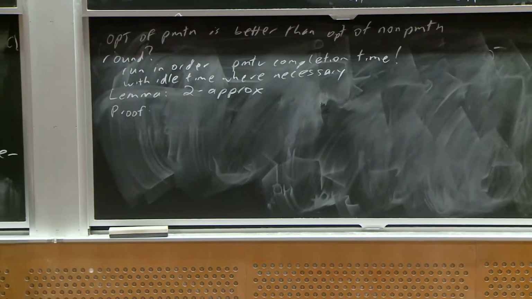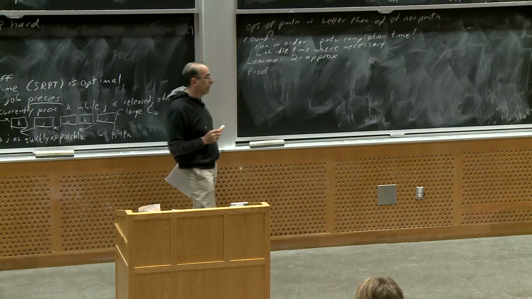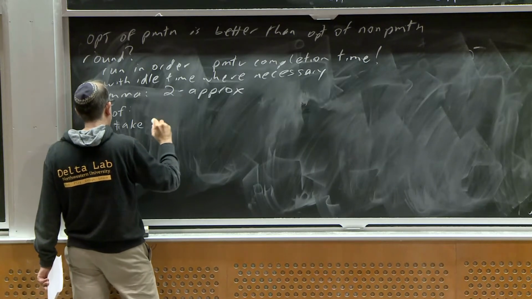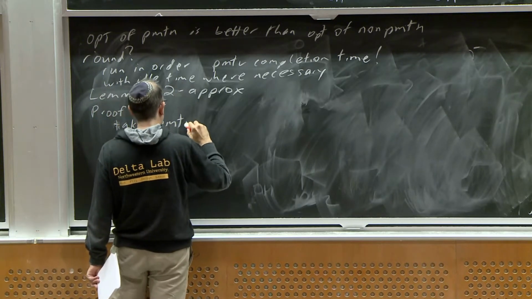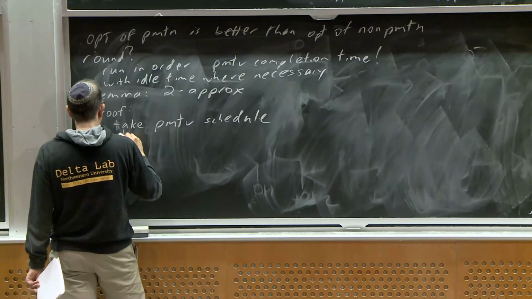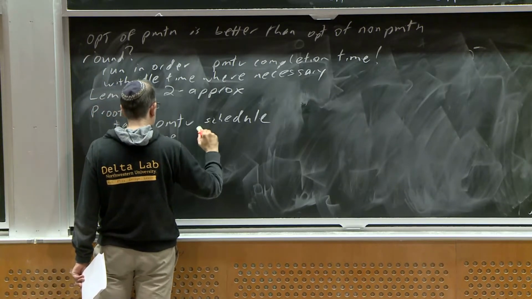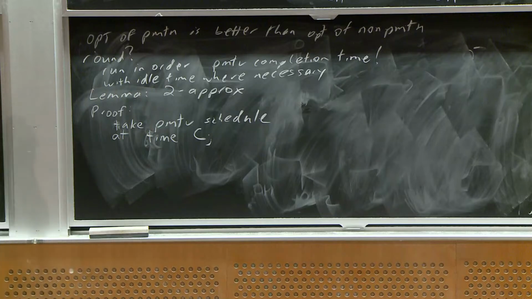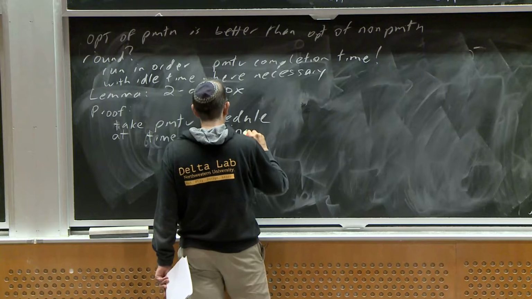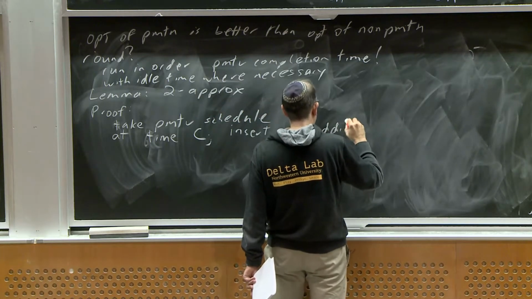Proof is as follows. I'm going to take the preemptive schedule and show you how to make it non-preemptive. So take the preemptive schedule, and at time C_j, at the moment where job j completes, I'm going to insert p_j additional units of time.